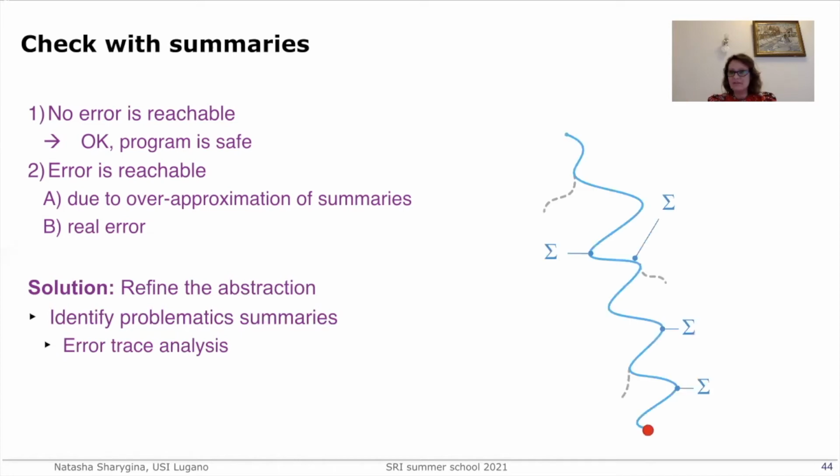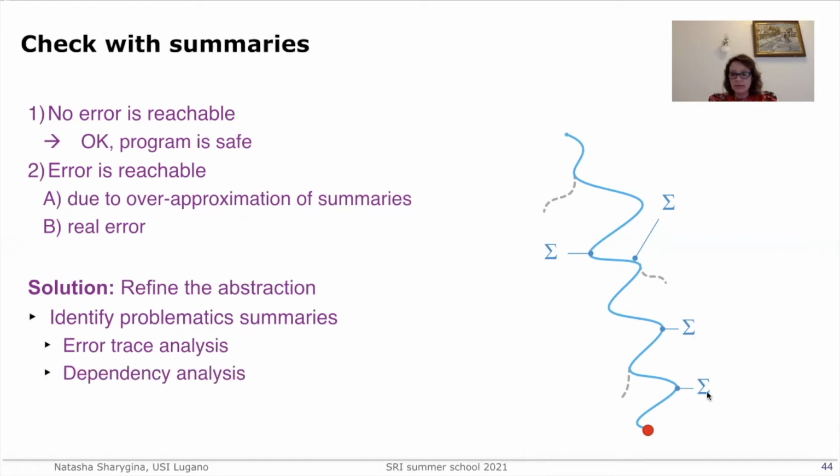Here's a high-level illustration of this concept during the program execution. Some parts are represented by the summaries which we are using to replace the exact code. And supposedly, this execution brings us to the bad state, to the error state, and to the violation of the system. By error trace analysis, which a solver generates, we can identify which exact summaries are the potentially problematic ones.